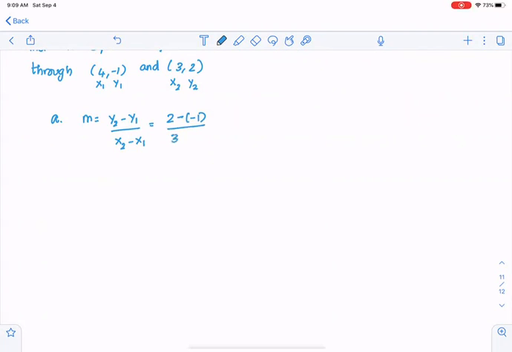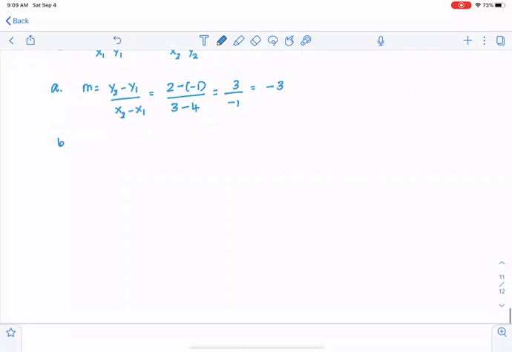In the denominator, x2 is 3, x1 is 4, so we have 3 minus 4. In the numerator, 2 minus -1, you get 2 plus 1, which is 3. 3 minus 4 is -1, so we get -3.